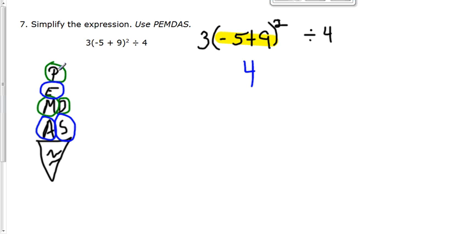Now it does have an exponent, but that exponent's on the outside. Let me get rid of my parentheses. That exponent is saying everything inside that parentheses squared. I'm going to square that, and then I'm going to multiply by 3, and then I divide by 4.